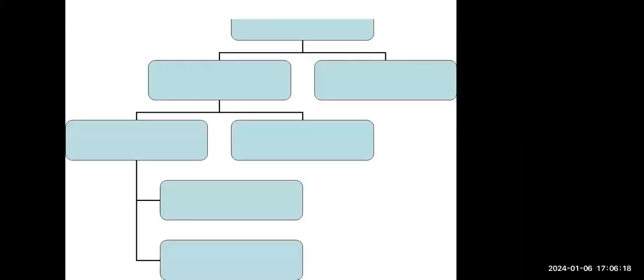So metals and non-metals. Children, these are basically the elements. Metals and non-metals are the elements, and they are a part of matter that we have around us, right? In class 9, you have studied that matter can be divided in two categories, pure substance or mixture.